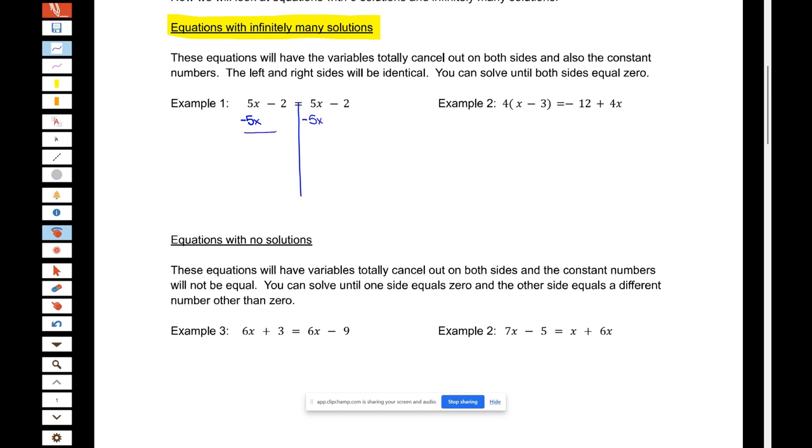So when I go to subtract 5x on each side, look what happens. This is new and special. They end up canceling out on both sides, and I'm left with -2 equals -2. When that happens, when the variables cancel away, and you're left with what we call a true statement, because -2 does equal -2, that means this has infinitely many solutions.